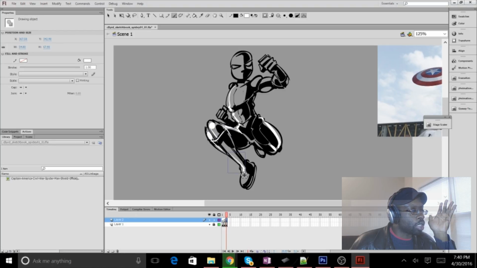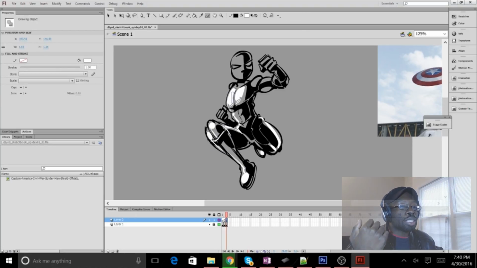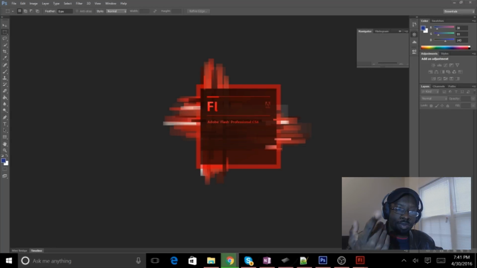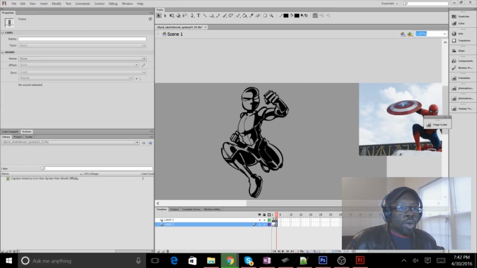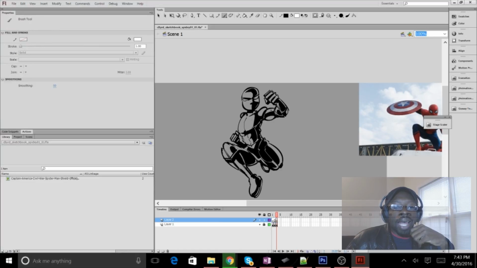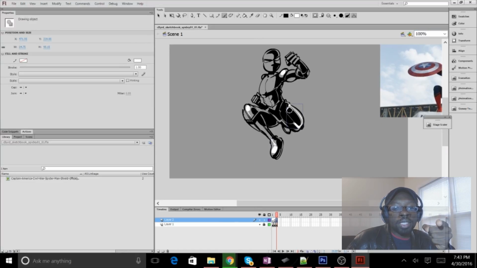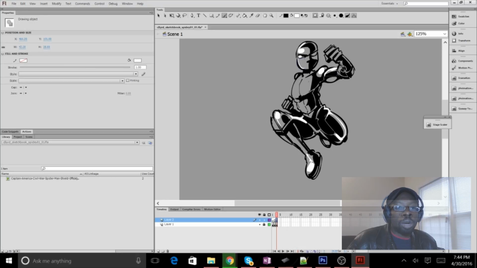Let's see what else. So this is where it starts to get complicated and tricky, because there it goes again, Flash quit. And going into more of the Flash crashes, this is where that maxim of saving often comes in handy. You always want to be saving almost every 10 to 15 minutes, so you don't lose any of your data if and when a crash happens.